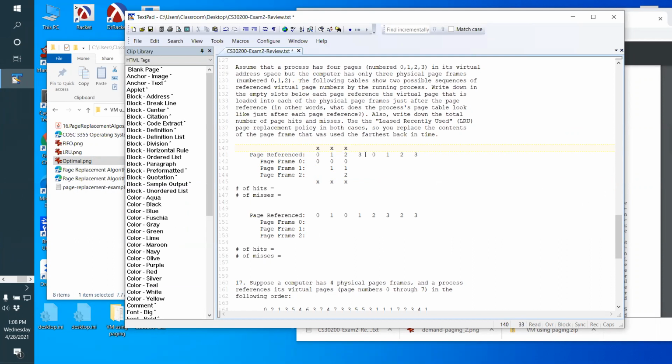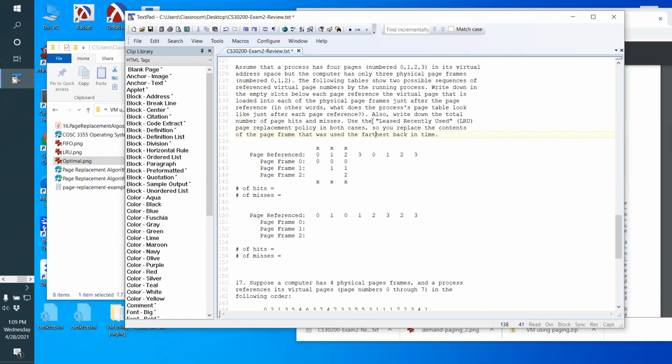Now, access page 3. Well, page 3 is not one of the pages in memory. We have 0, 1, and 2 in memory. So who will we kick out? Now, in the problem here, it says to use least recently used in both.